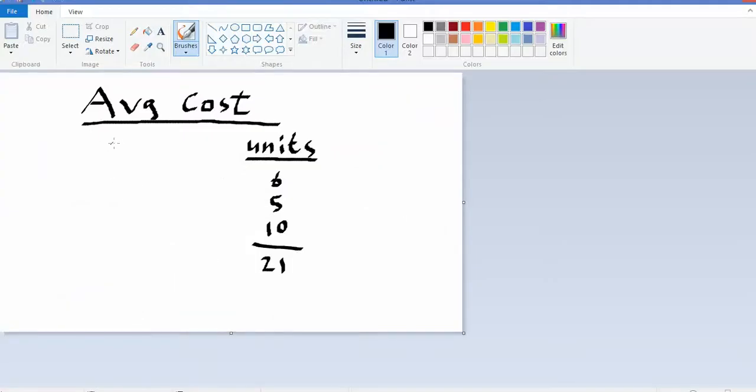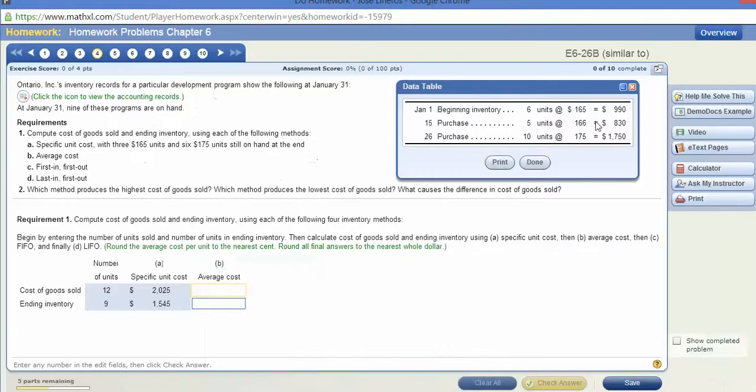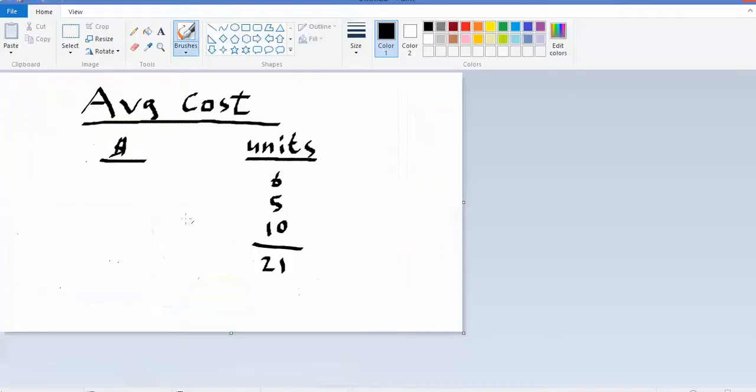Here we're talking dollars. We're pulling the 990, that's tied to that, and 830, it's tied to that.